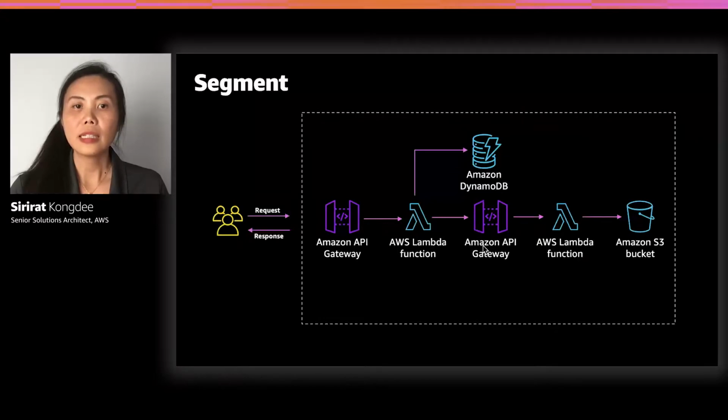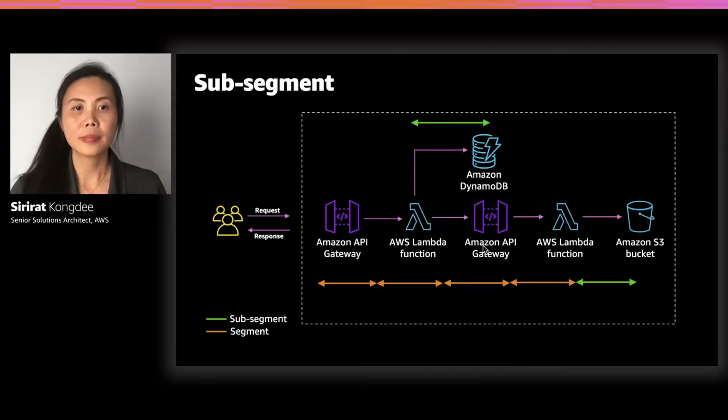The data that is instrumented by the X-Ray SDK at each compute resource is called a segment. A segment provides a resource name such as host name and its IP address, details about the request such as user agent or client address, details about the response such as status code or content, and issues that occur.